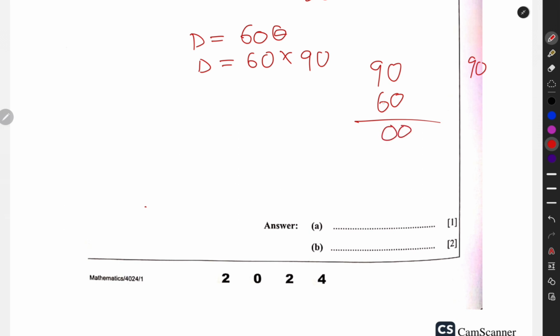0, 0. That is 0. 9 multiplied by 6. What is the answer? Is it 54? It's giving us 54. Which is just the same as 5,400.